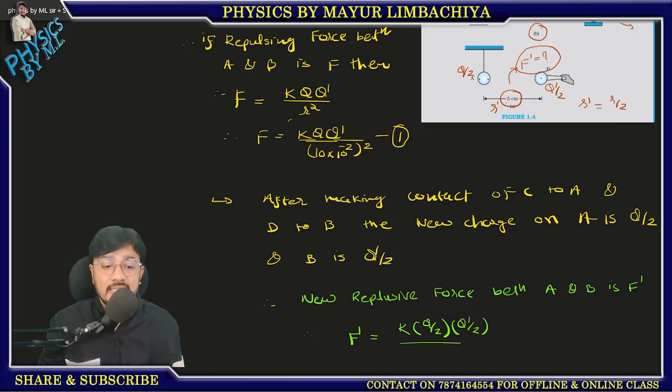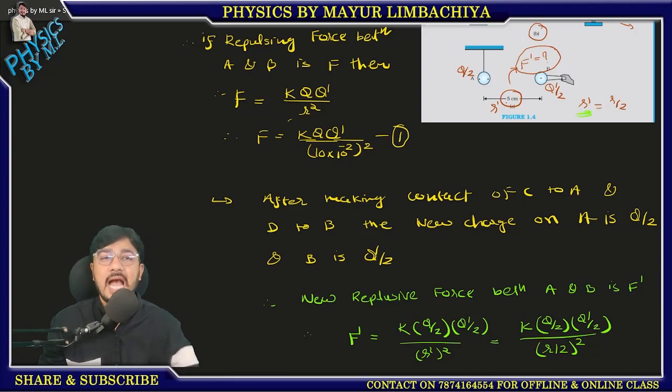So from this I can write R dash square. Can I write like this now? F dash is k Q by 2, Q dash by 2, divided by R by 2 whole square. Instead of writing R dash, I have substituted R by 2.